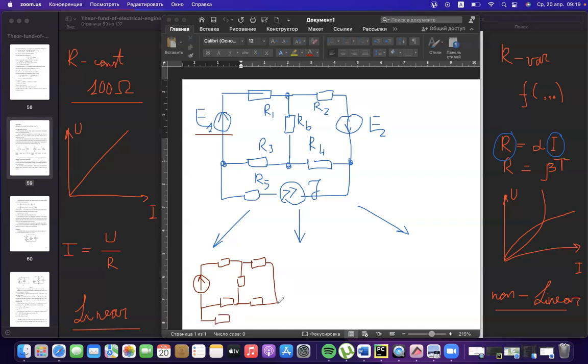Then instead of this source, you substitute an open circle. Then you do the same for the second part. You calculate the circle only with the second source.